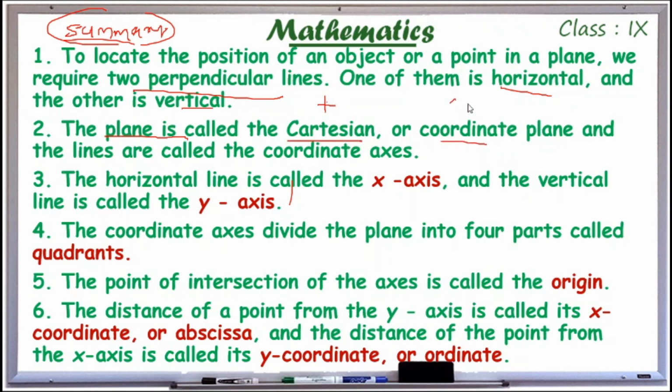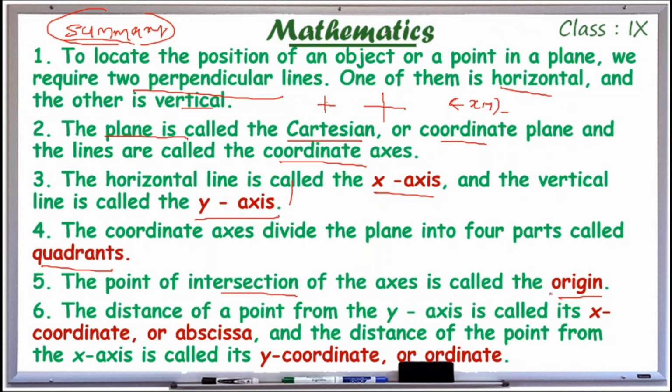Coordinate means it is of the form x comma y. So we call it a coordinate plane, and the perpendicular lines are called coordinate axes also. The horizontal line is the x-axis and the vertical line is the y-axis, and we can divide the plane into four parts called quadrants. The intersection of the x-axis and y-axis is called the origin.